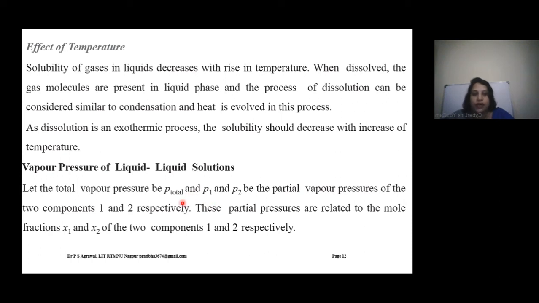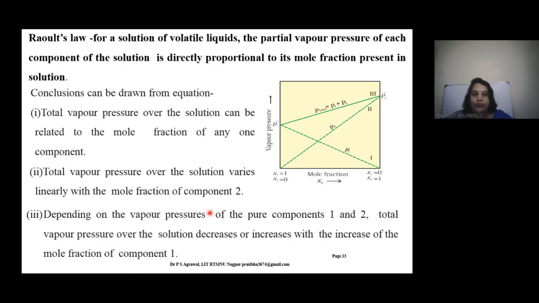When taken in a closed vessel, both the components would evaporate and an equilibrium would be established between the vapor phase and liquid phase. Suppose total vapor pressure is P total, and P1, P2 are the partial vapor pressures for the two components 1 and 2. They are related to mole fractions X1 and X2.